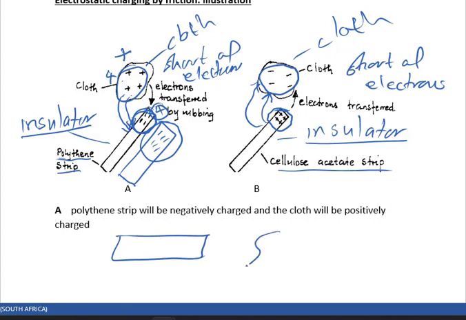Before rubbing, we have something like this, the strip being this one and the cloth being this. So at first we had the same number of positive charges and negative charges.